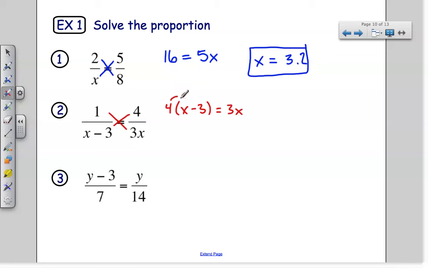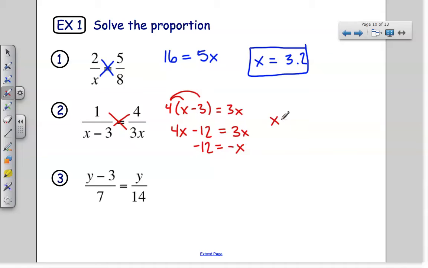To solve for the variable, I'm going to distribute on the left: 4 times x, and 4 times negative 3, so minus 12. And that equals 3x. I've got x's on both sides, so I'd probably subtract the 4x and get rid of it here, so I just have negative 12 there. Now if I subtract 4x on the right, 3x minus 4x would be a negative x.